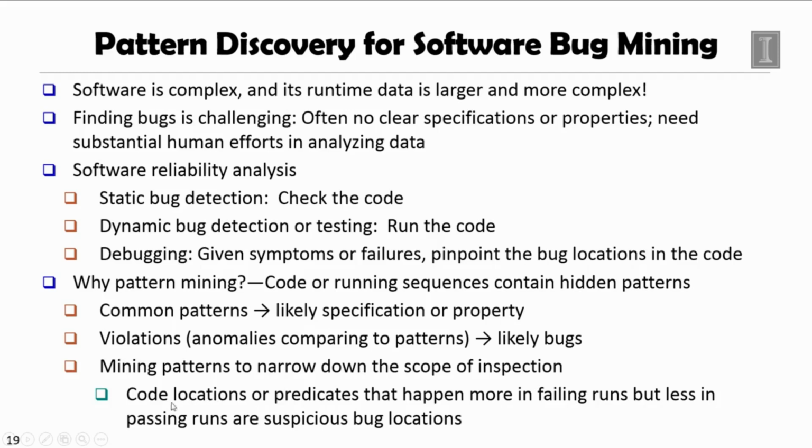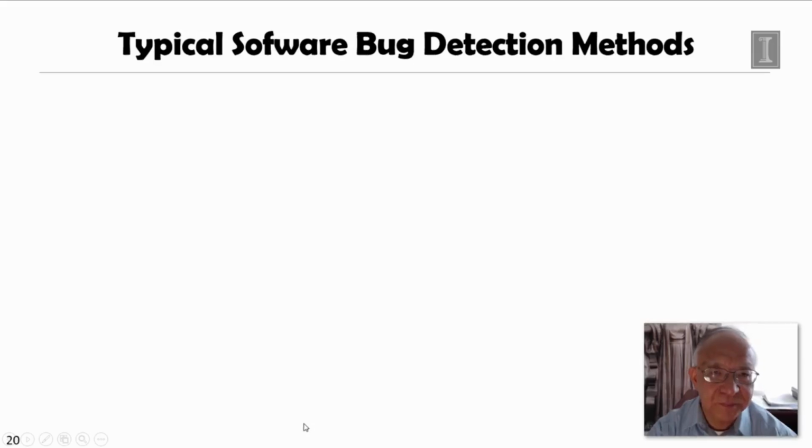For example, usually the code locations or predicates that happen more in the failing runs. That means every time it fails, you likely see certain predicates, or co-locations, this kind of patterns, happen more, but they happen less in the passing runs. Likely those co-locations or predicates are suspicious bug locations. That may narrow down the scope for the bug inspection.